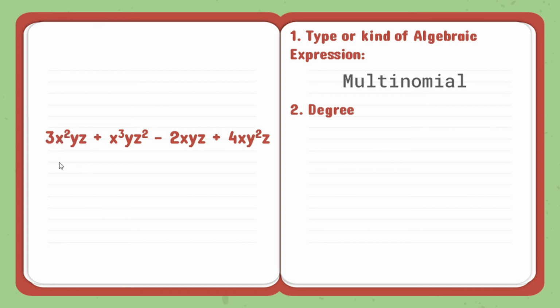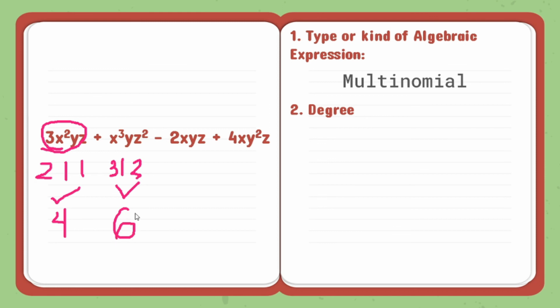So, ito meron ditong 2. Sa y, meron yung invisible na 1. At sa z, meron yung invisible na 1. So, meaning to say, dito sa first term na to, ano ang ating sum of the exponent? We have 4. Tama? How about here? We have 3 sa x, invisible 1 sa y, at meron tayong 2 sa z. So, ibig sabihin, it has 6 for the sum of the exponents, the second term.